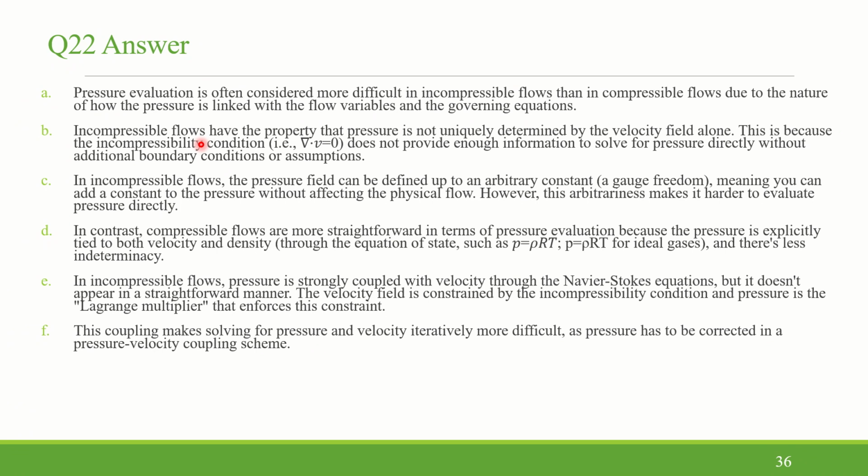So the continuity equation becomes del dot V equal to 0 because density variation is not there. So this incompressibility condition is being enforced. This makes the calculation of pressure not very direct.